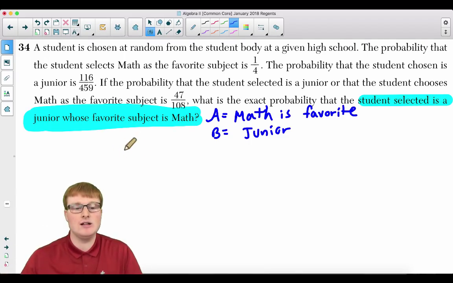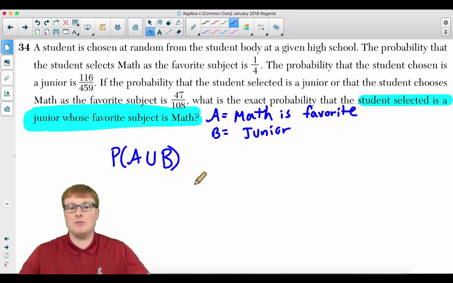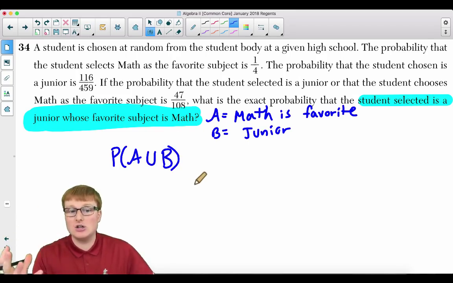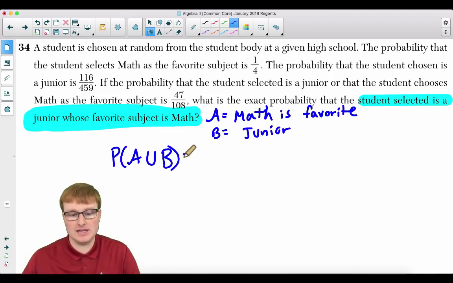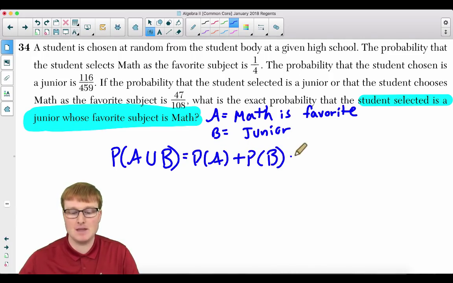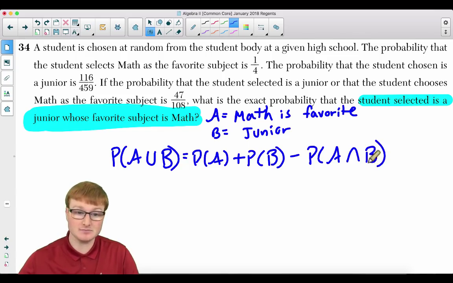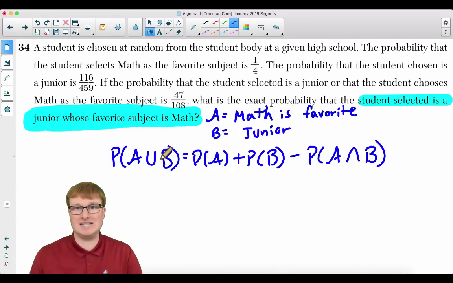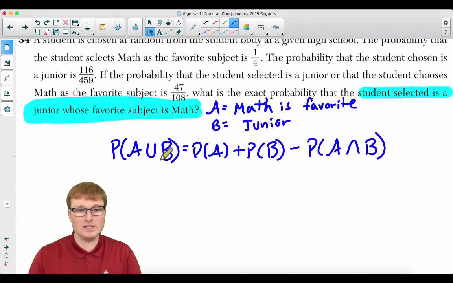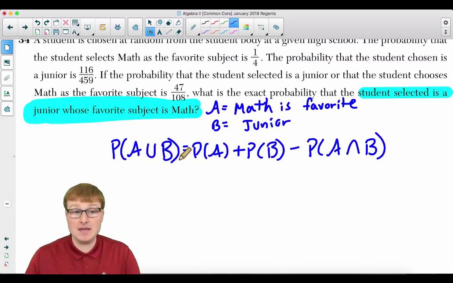So you're finding the probability of A union B. Now that formula is the probability of A plus the probability of B minus the probability of A intersection B. So that U means union and the upside down U means intersection. So what is the probability of A union B?